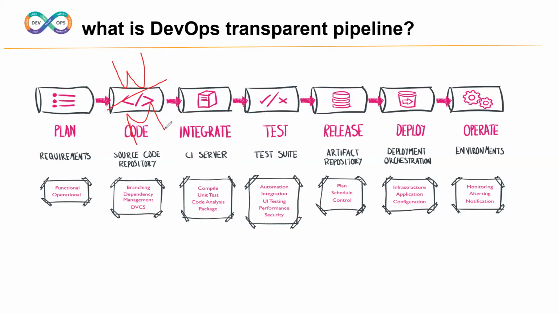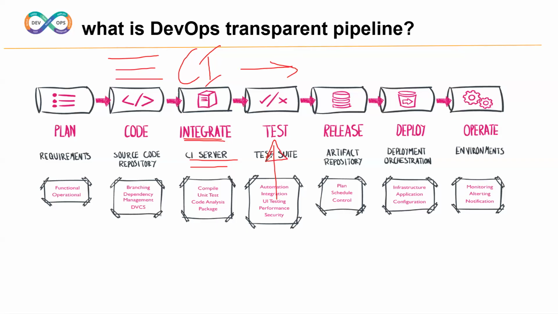Once the developers' lines of code are maintained, we are going to integrate them continuously by using a CI server. Once it is integrated, we are going to execute the test cases, which are written by testers, not by you.